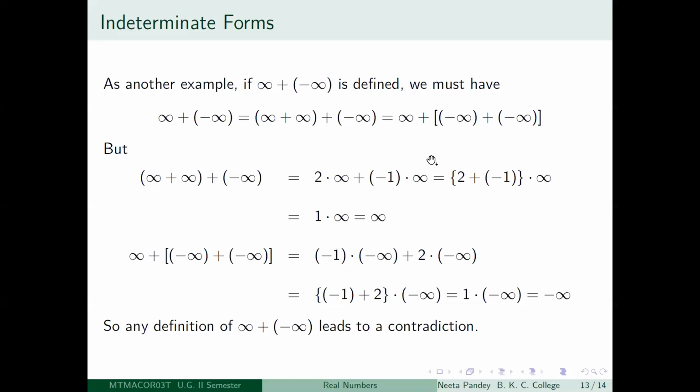Similarly, minus infinity is equal to minus infinity plus minus infinity. That is also accepted. So using your arithmetic rules, by consistency, I should be able to write infinity plus minus infinity as 2 times infinity plus minus 1 times infinity. There is no problem with that.